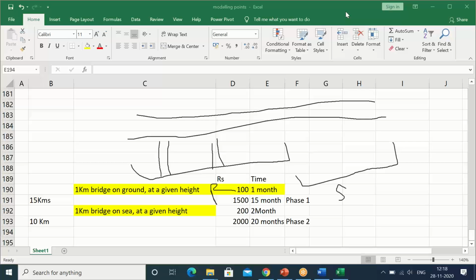So whatever is highlighted in yellow is what is given by the client, and the rest is what we extrapolate. You guys, any doubt?